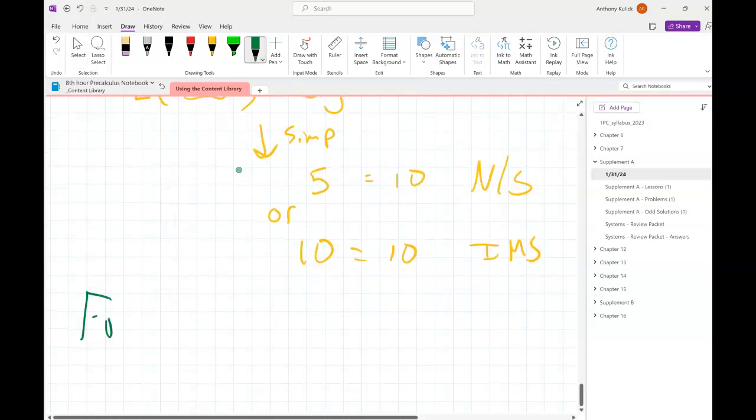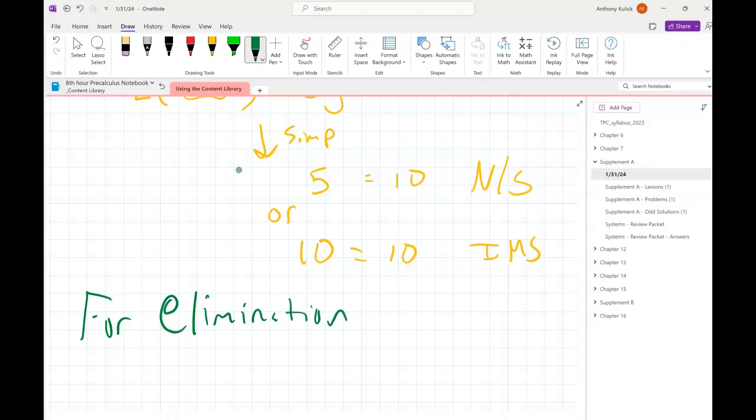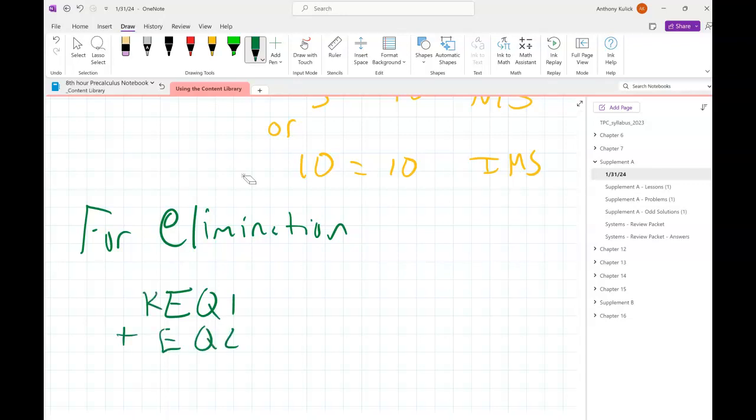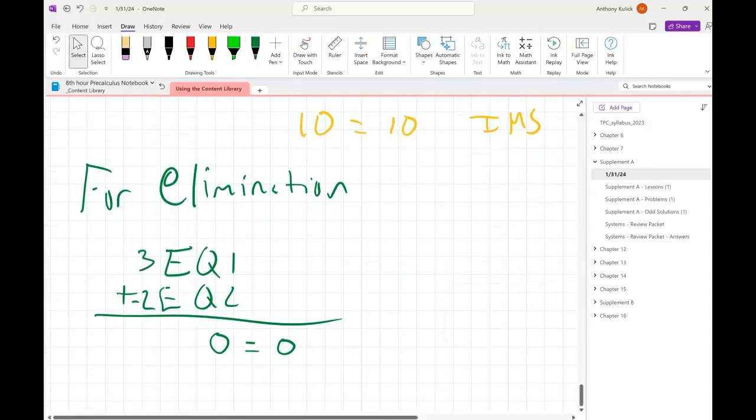Okay. Now for elimination, if I take equation 1 and I add equation 2, well, maybe I do like 3 times and then like -2 times or whatever. And I get 0 equals 0, where the entire left-hand side canceled out and the entire right-hand side canceled out. What's that telling me?